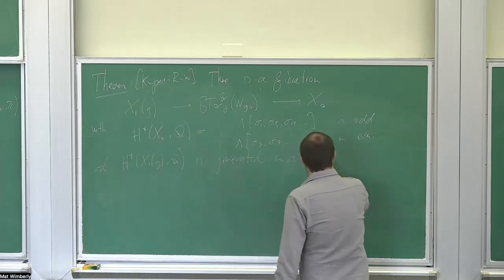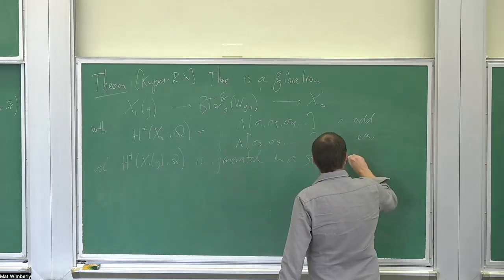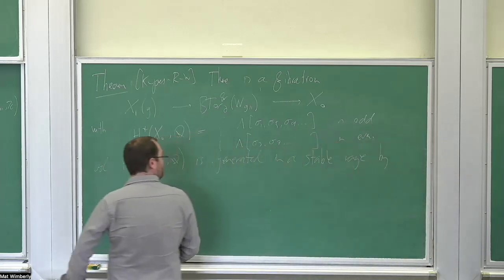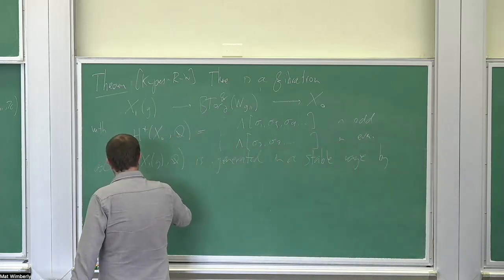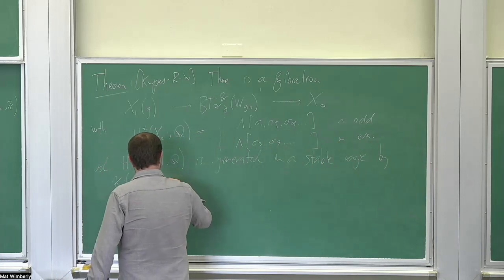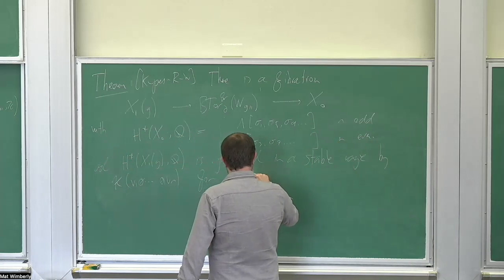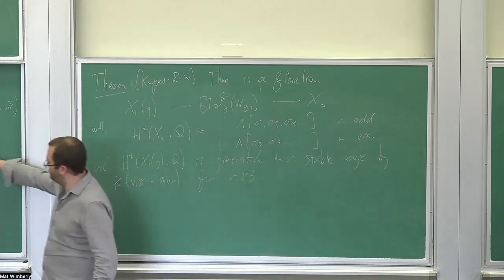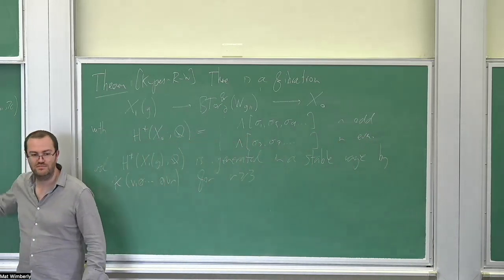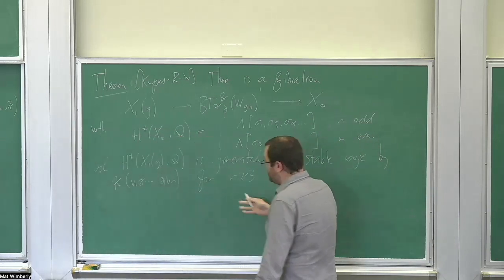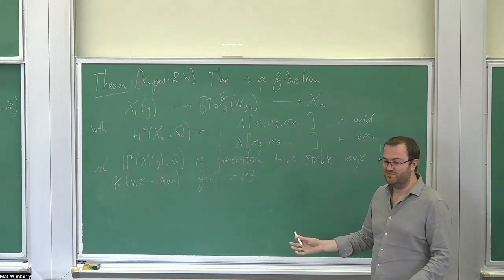In a stable range, by these classes. At least 3. And if I was too small, like this is negative, so start with 3. Subject to relations, so those are the generators, and then there's a complete list of them.